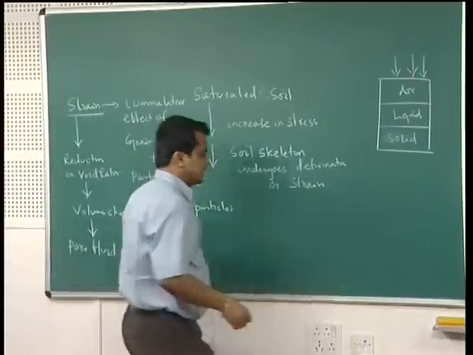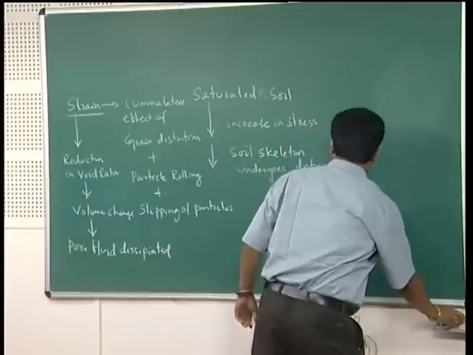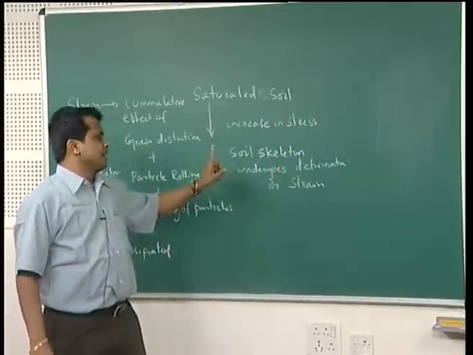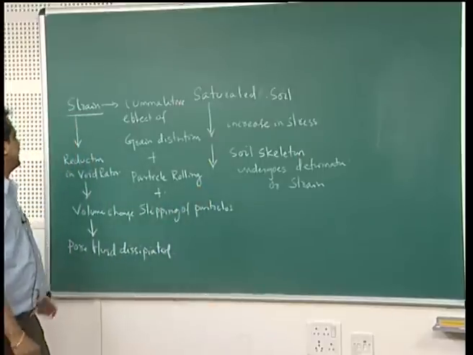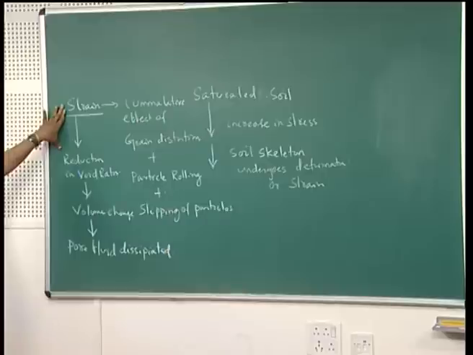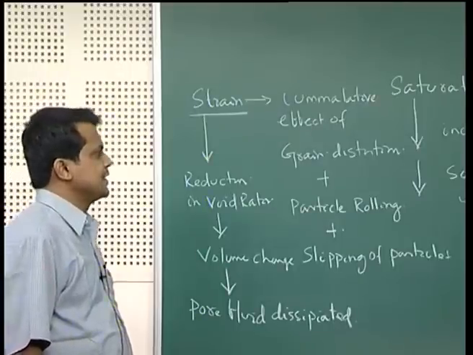How does the soil skeleton deformation occur? This soil skeleton deformation is nothing but strain. In geotechnical engineering, the physics behind strain is the cumulative effect of grain distortion.